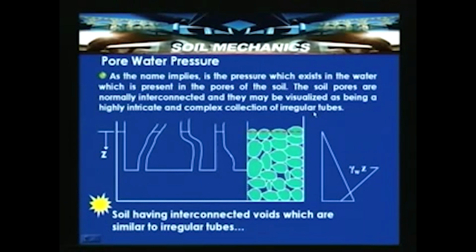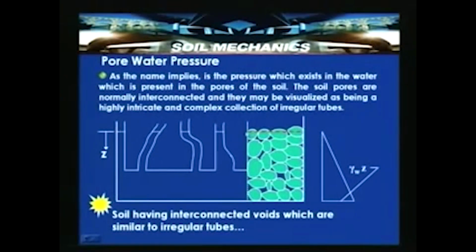Let us consider in this particular slide a soil mass. Let us assume that this red line indicates the groundwater table, and below that all the voids are filled with water. When this is under no flow conditions, the pressure at the groundwater table surface, which is equivalent to atmospheric pressure, is 0.